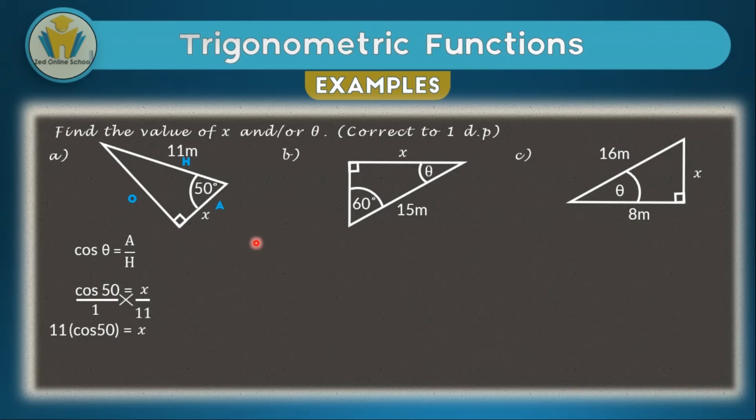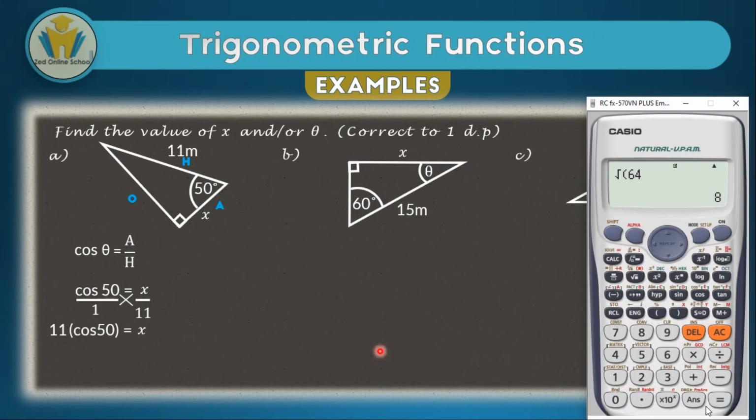Therefore, we're going to use our calculator and find the answer for x. The first thing to do is find the value for cos 50. Cos 50 has this value here. We won't start copying it because it will be time consuming. We're going to multiply this answer by 11.